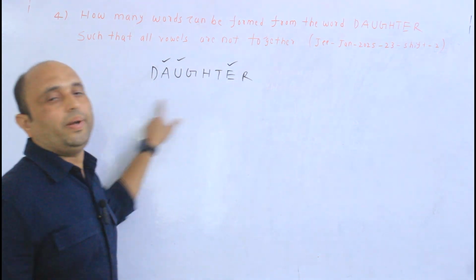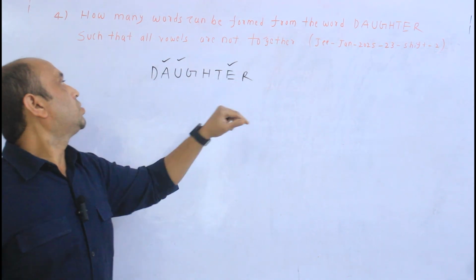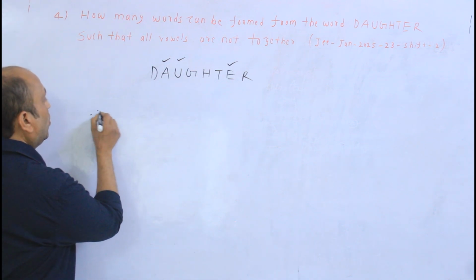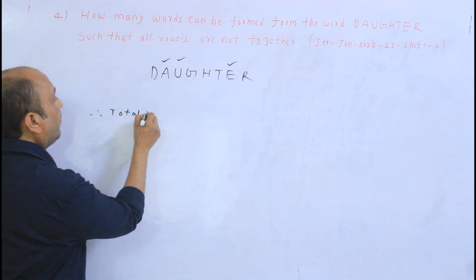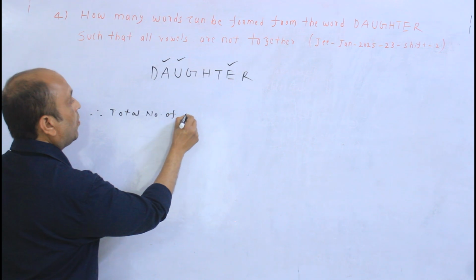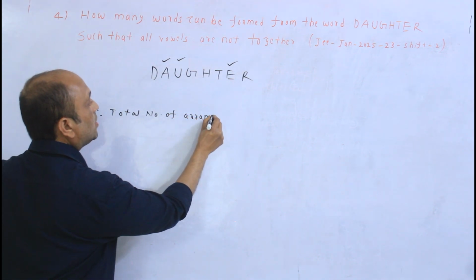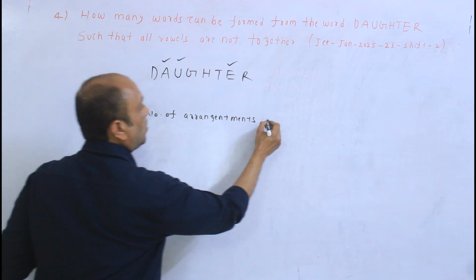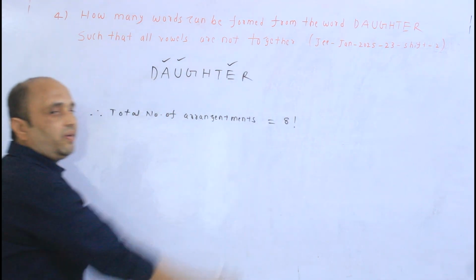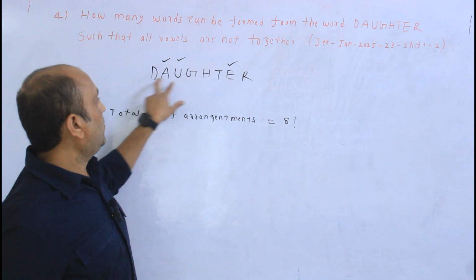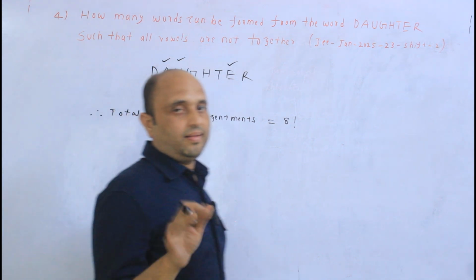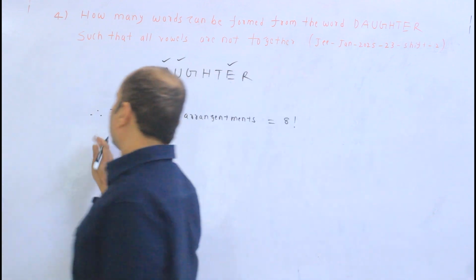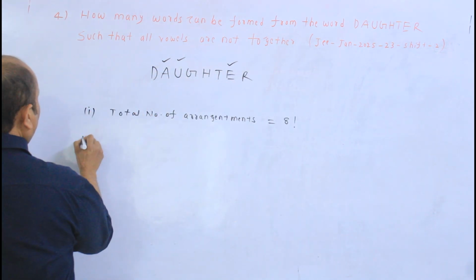No letter is repeated, and there are 8 letters, so the total number of arrangements is 8 factorial.